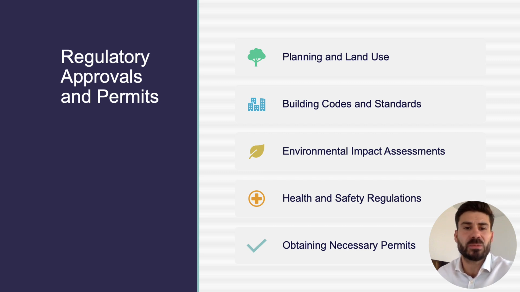Environmental impact assessments may be required on some sites to evaluate how your project affects the surrounding environment. Health and safety regulations must be adhered to, protecting both the workers on site and the future occupants of the property. Finally, obtaining the necessary permits is crucial to legally proceed with your project.